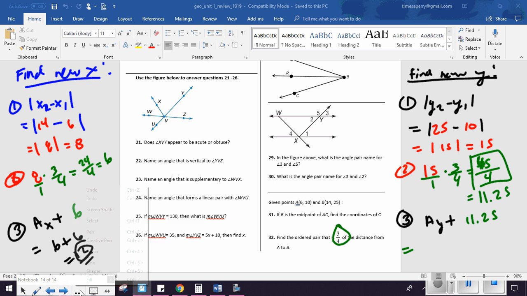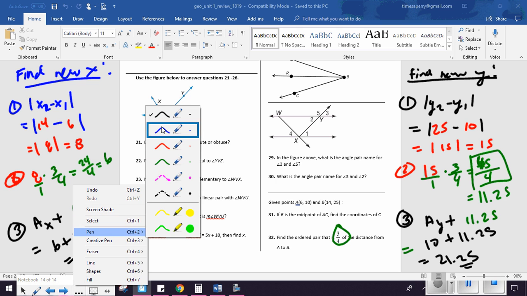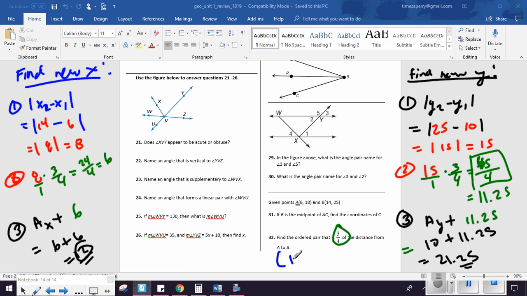So the original y value was 10, plus 11.25 is going to give me 21.25 as my new y value. So as a complete ordered pair, we would write 12 comma 21.25. And this concludes the tutorial.